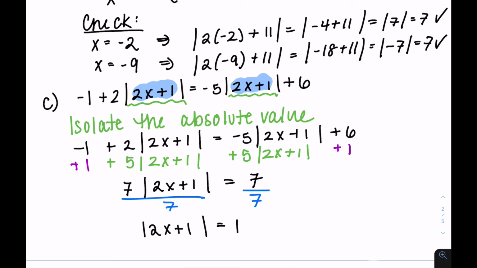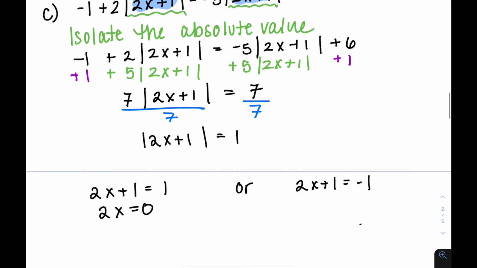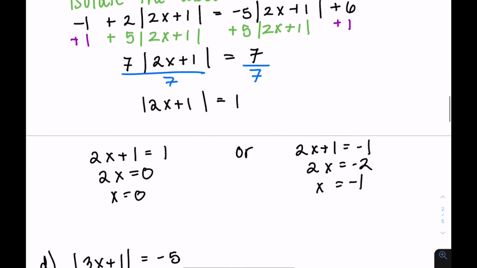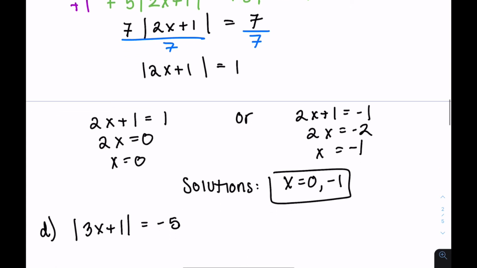Dividing by 7 gives us the absolute value of 2x plus 1 needs to equal 1. So either that's exactly equal to 1, or the inside is exactly equal to -1. Solving these, you get 2x is 0, or x is 0. 2x is -2, so x is -1. So these are our two solutions, and you could check to make sure that those work.